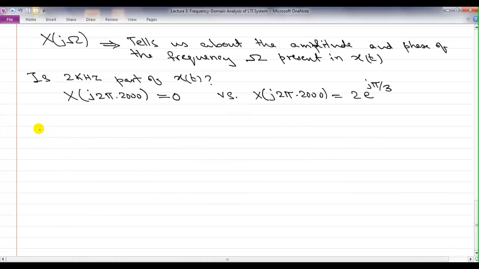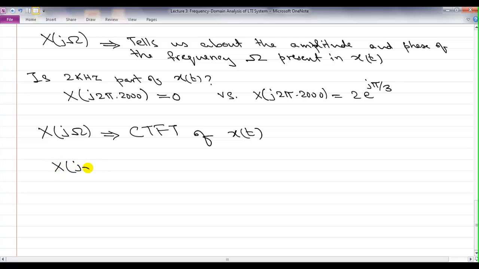So technically, we call X of j omega the continuous time Fourier transform of x of t. The way we define that is X of j omega equals the integral from minus infinity to infinity of x of t e to the minus j omega t dt.